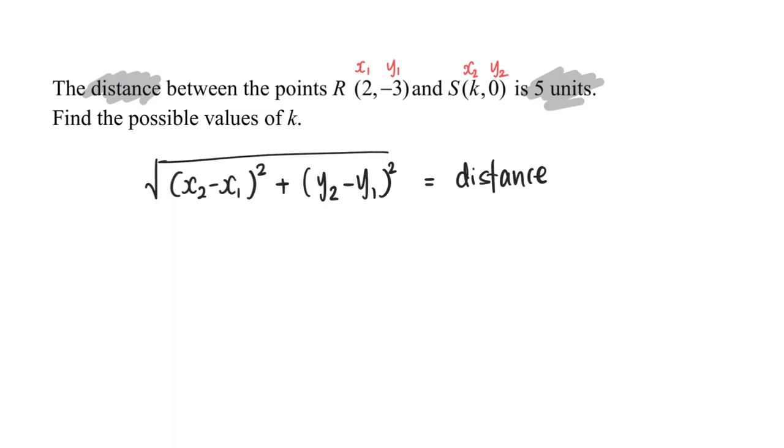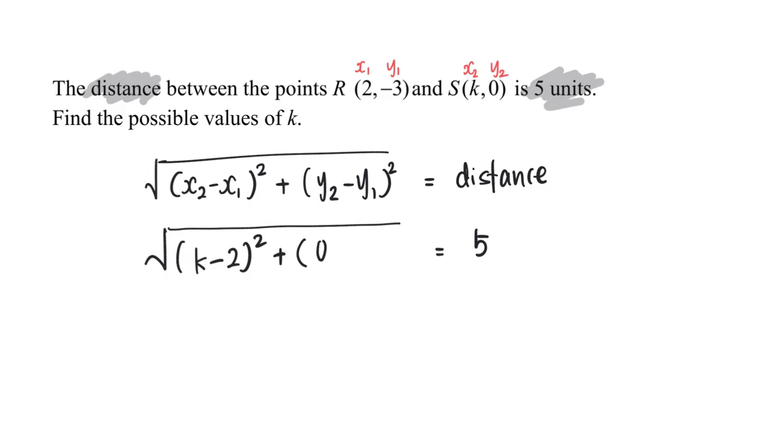So now all we have to do is to just substitute in. So distance is 5. And for this part here, I would then have my k minus 2 bracket square, plus 0 minus negative 3 bracket square.